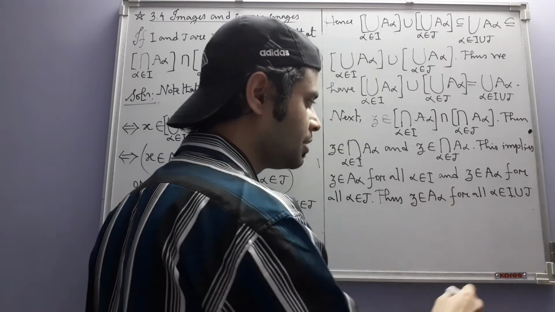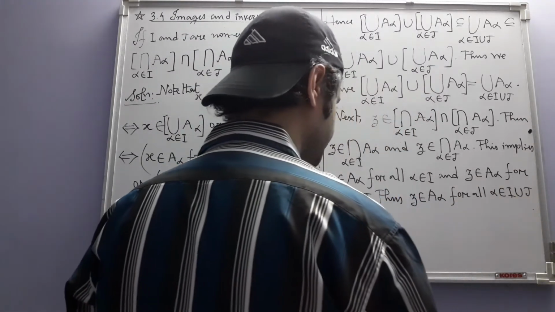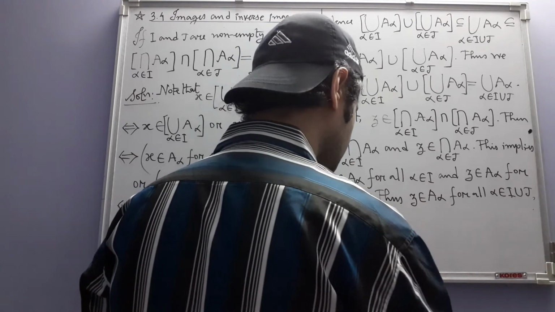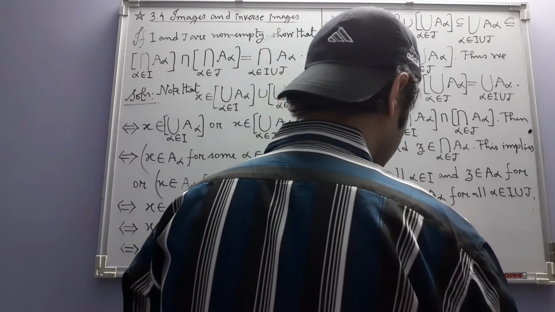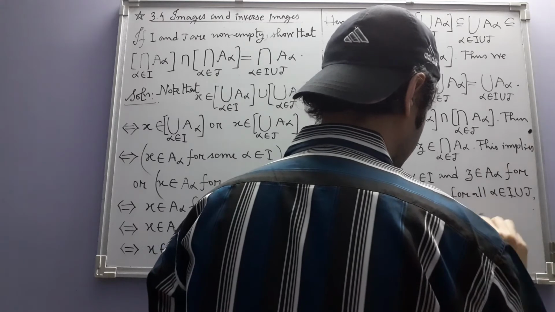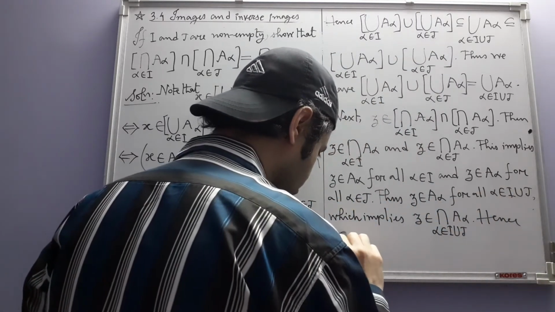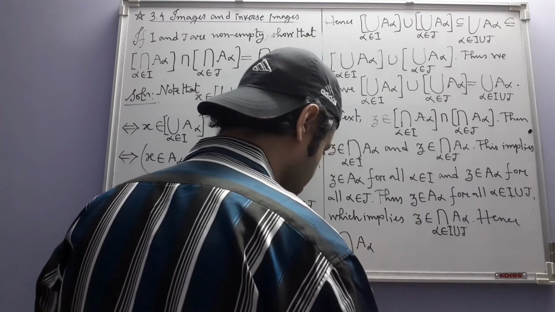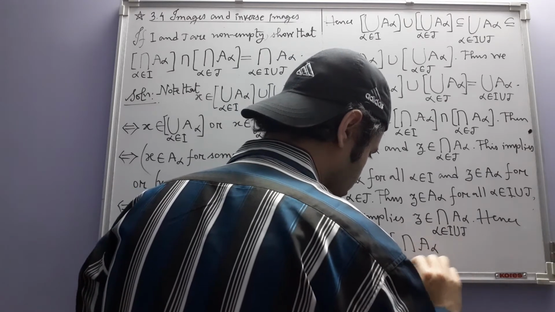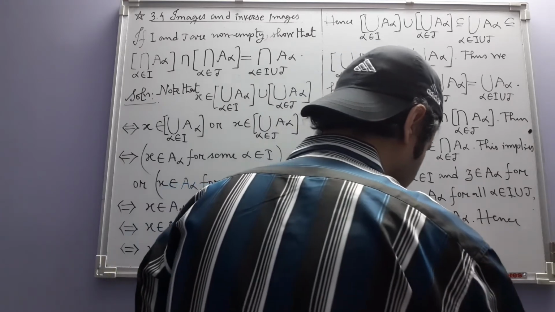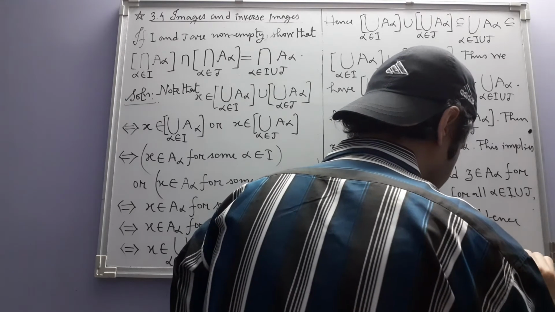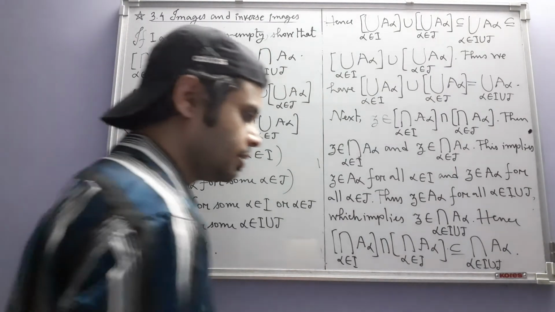So that thing will happen for all levels in I as well as J. So I union J. Which implies, hence, okay, so one part of this second equality is over.